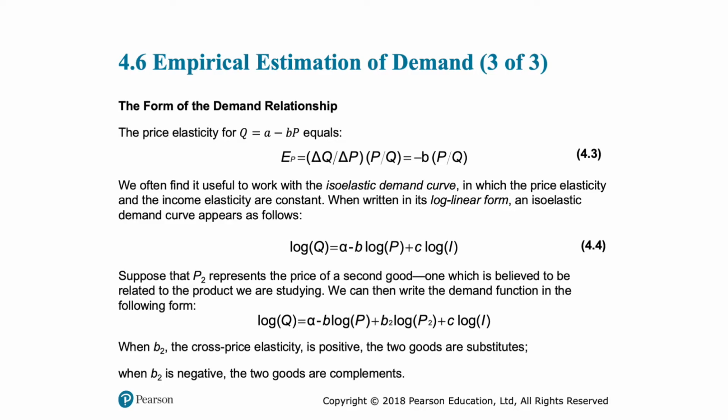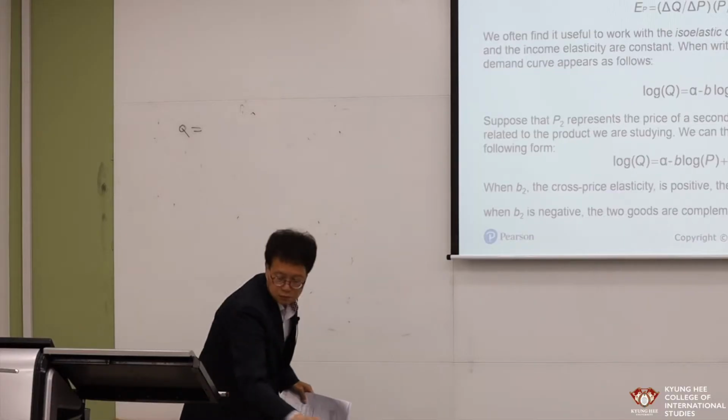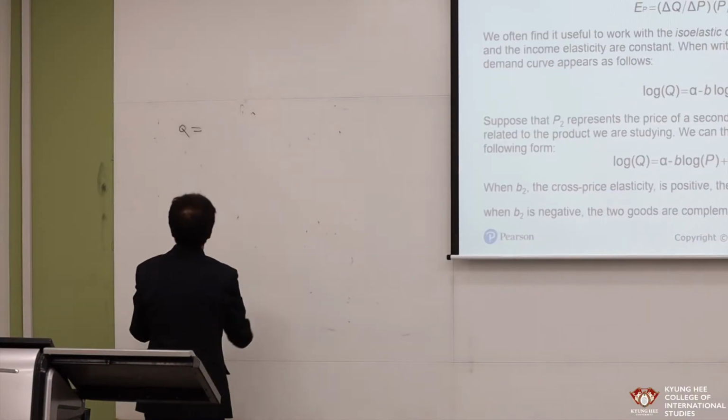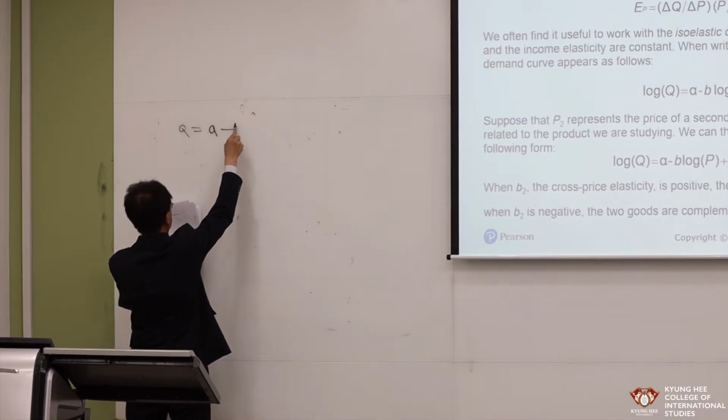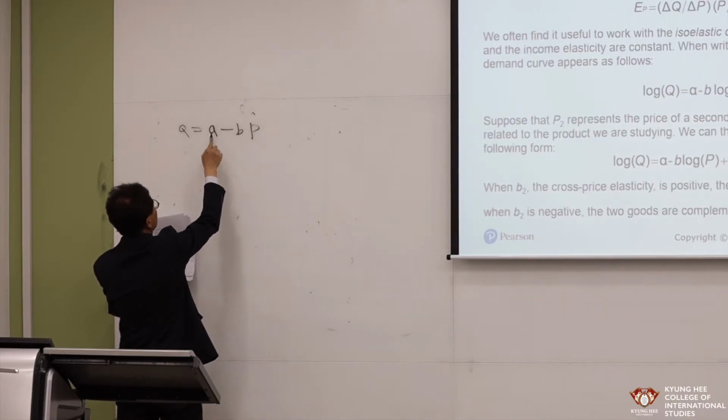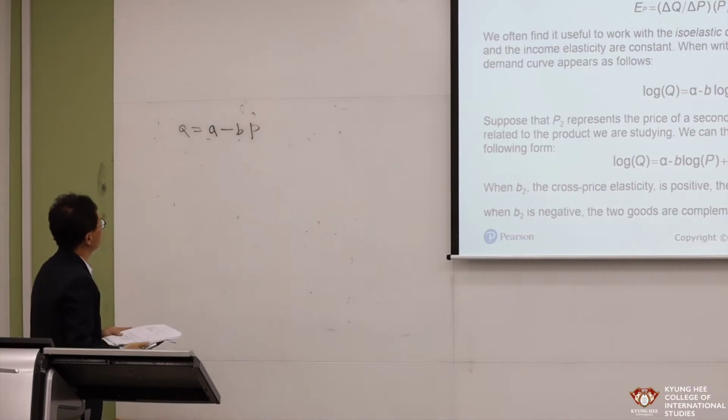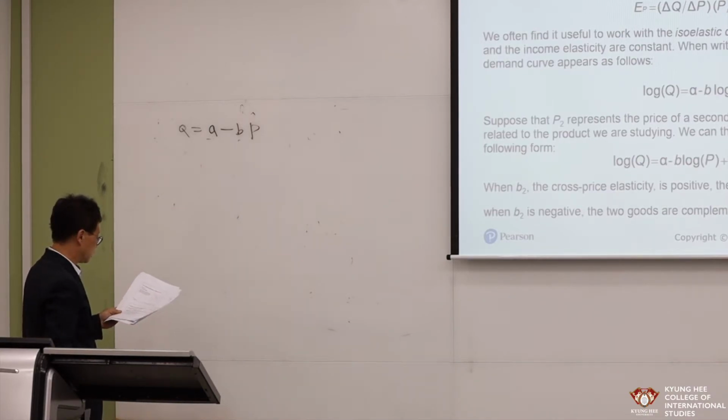Now I'd like to use the whiteboard. Right? Now think about Q equals A minus BP, right? A and B are constant numbers, and Q and price are variables, isn't it?